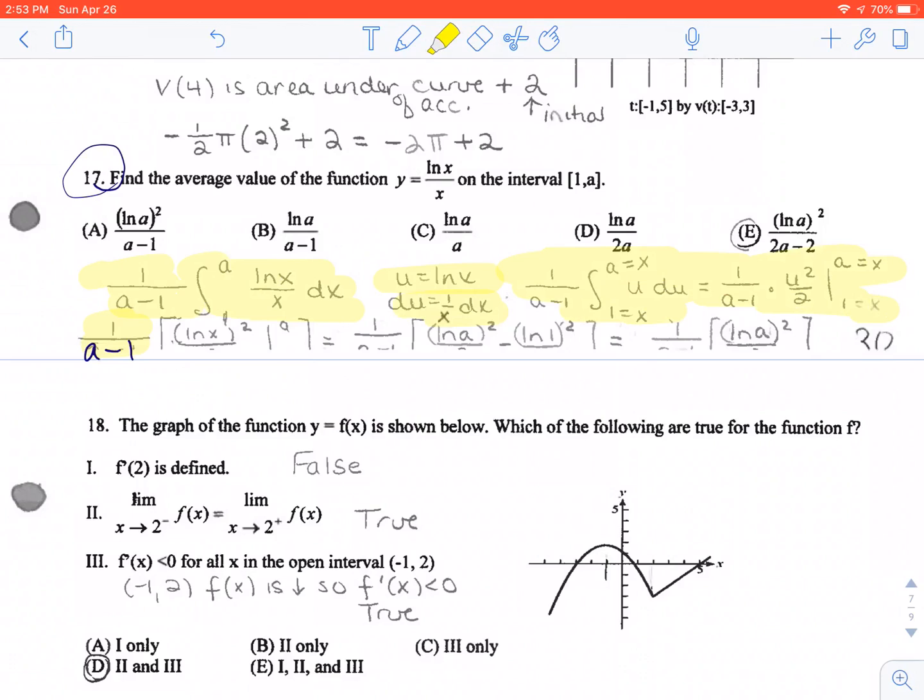So I have 1 over a minus 1, ln of x quantity squared over 2, from a to 1. So I have 1 over a minus 1, ln of a squared over 2 minus ln of 1 squared over 2. We know ln of 1 is 0, so that part's going to go away. And it is going to match up with a.